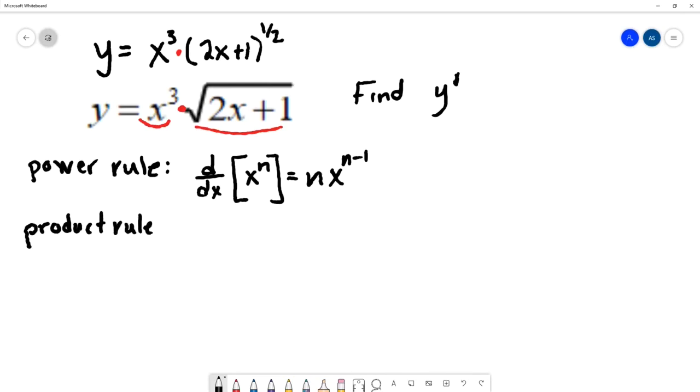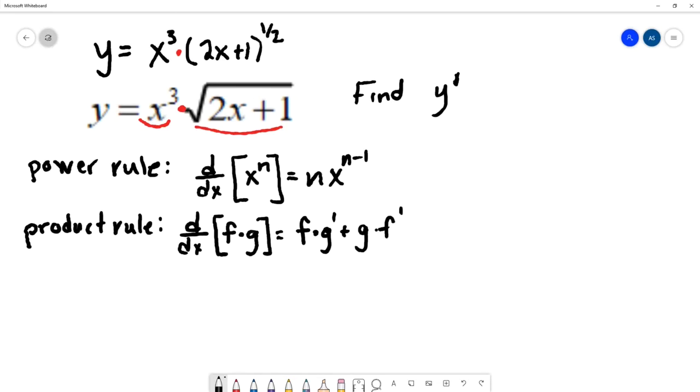So the product rule for derivatives, if you have the derivative with respect to x of, let's say, a product, f times g, the way we calculate the derivative of a product is to do the first factor times the derivative of the second factor plus the second factor times the derivative of the first factor.